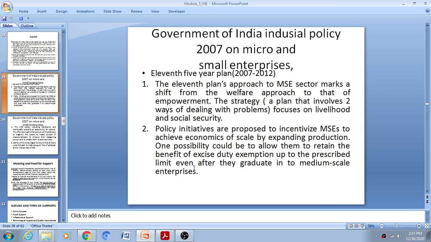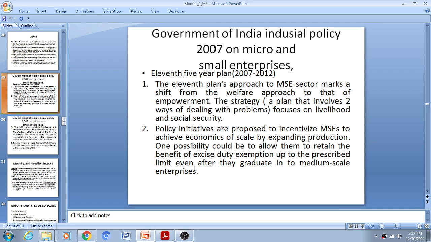Only small industries are allowed to produce those reserved products, which should be manufactured only by micro or small enterprises. One possibility could be to allow them to retain the benefit of excise duty exemption up to the prescribed limit, even after they graduate into medium scale enterprises.